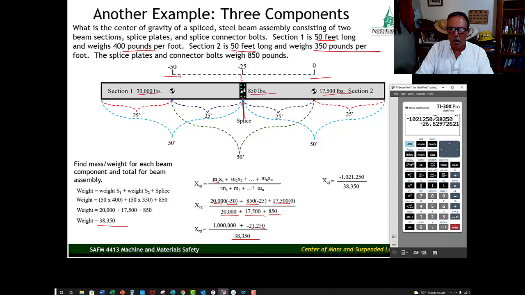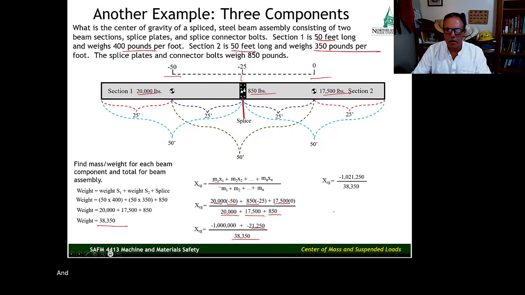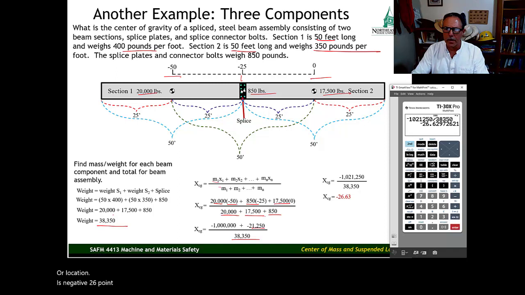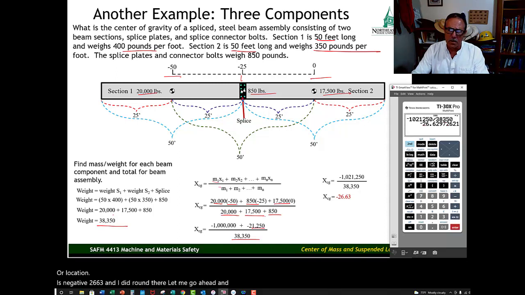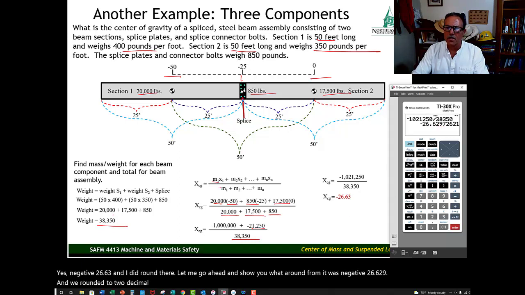And our location is negative 26.63, and I did round there. Let me go ahead and show you what I round from. It was negative 26.629, and we rounded it to 2 decimal places. We'll just call it negative 26.63.